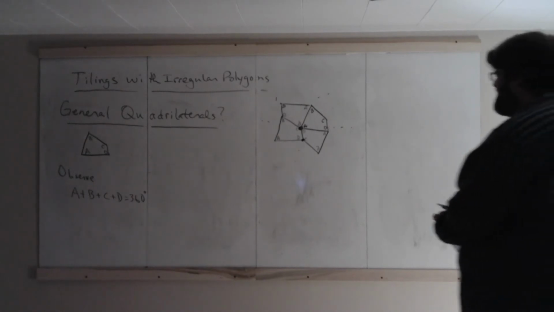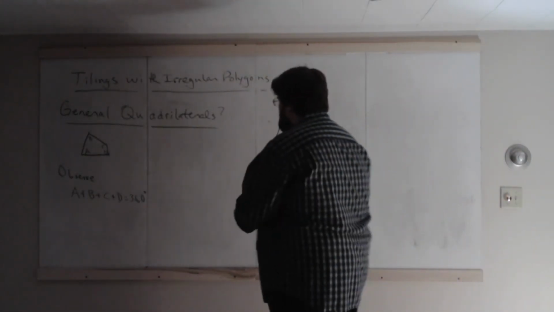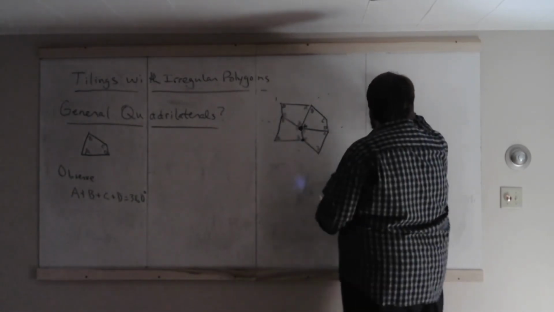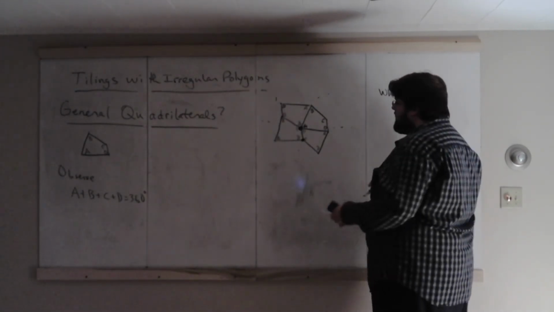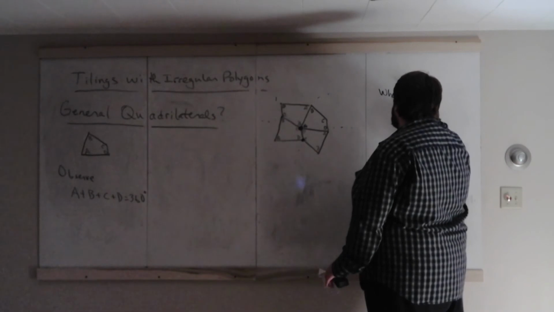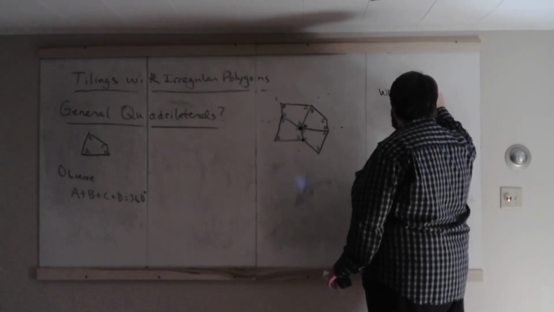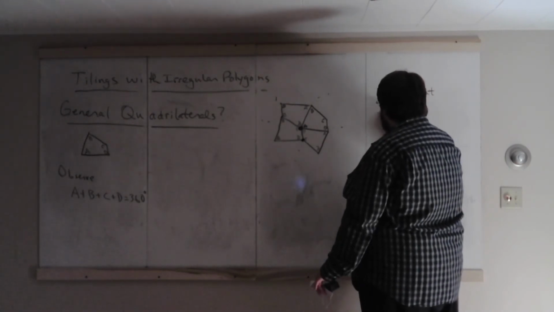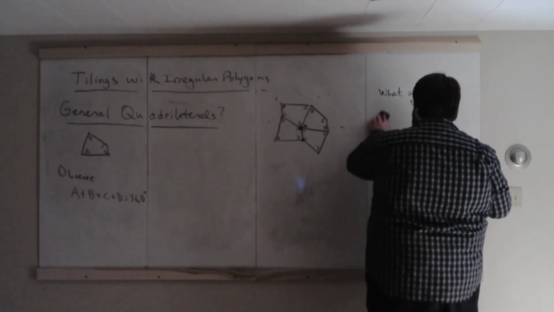Now, you might think that that covered all quadrilaterals. It technically did, by that ABCD observation. But what about quadrilaterals that look like this?